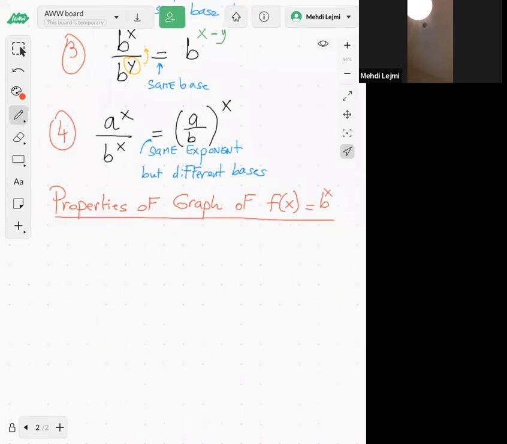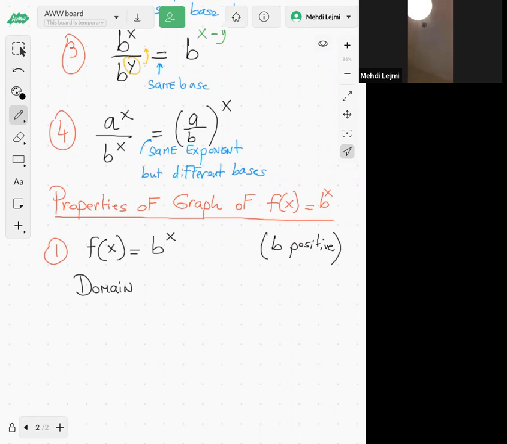In this section we won't do a lot of graphing. I'm just going to discuss a little bit the domain first. So what will be the domain of the exponential? f of x is b to the power x, and because b is positive, x here can be any real number.